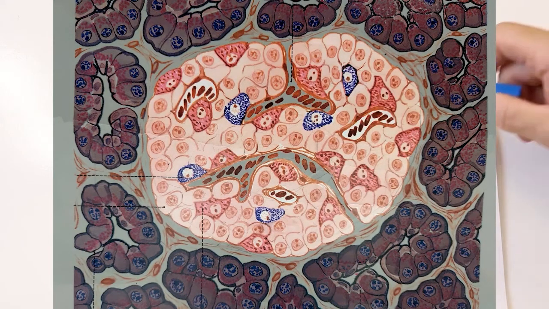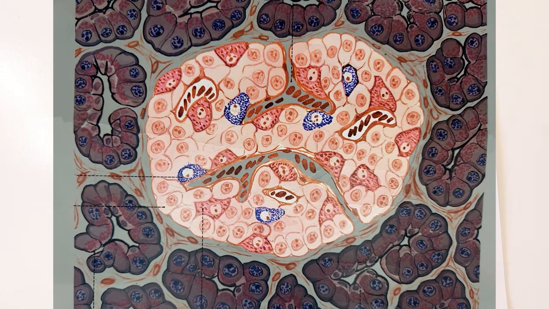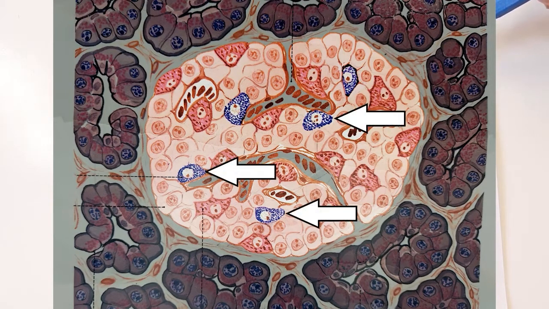So this is the islet of Langerhans, and there are three major cell types within the pancreatic islets: the alpha cells, the beta cells, and the delta cells. The alpha cells are generally more towards the center of the islet, and they produce glucagon.